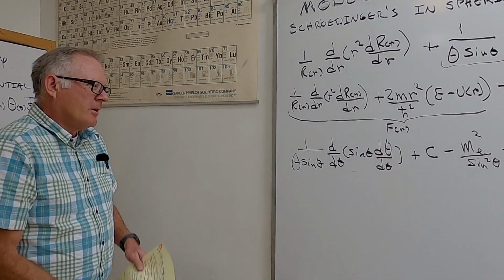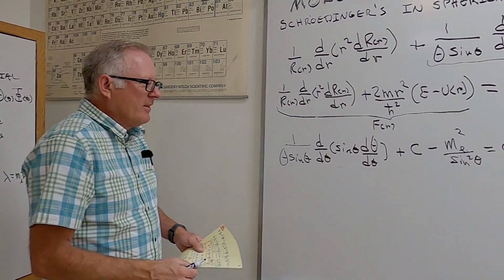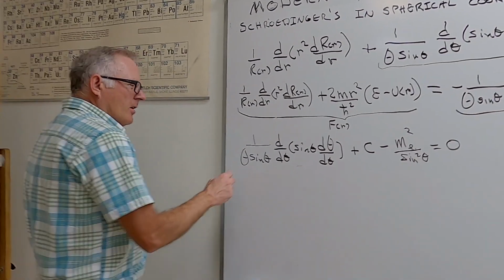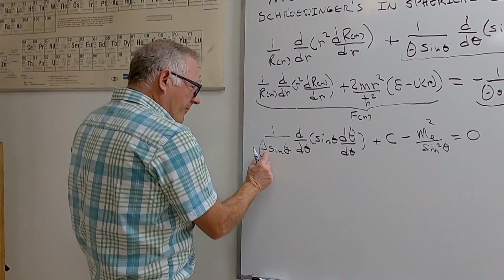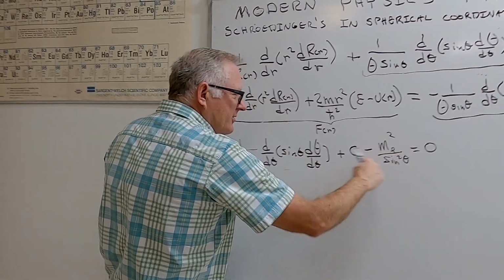And then I'm going to do one last thing. I'm going to multiply everything by big theta. So it goes away from here, and it'll come into these two terms right there.